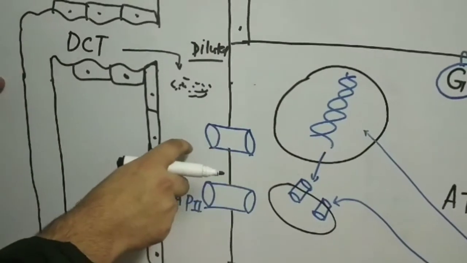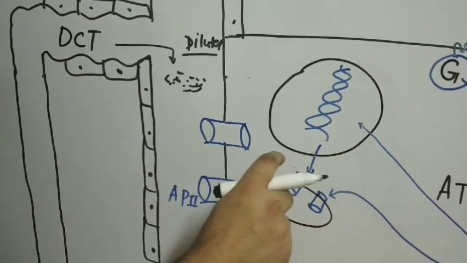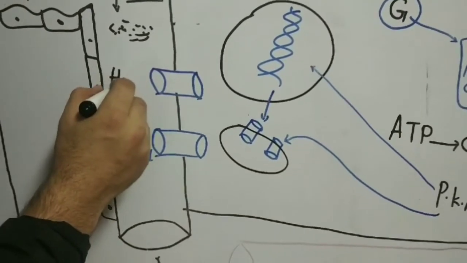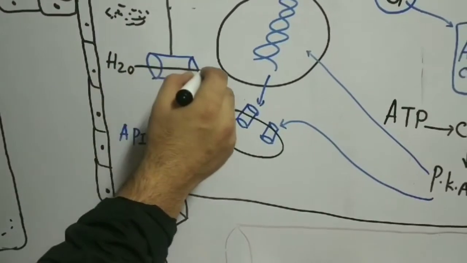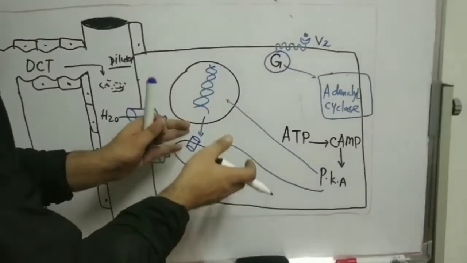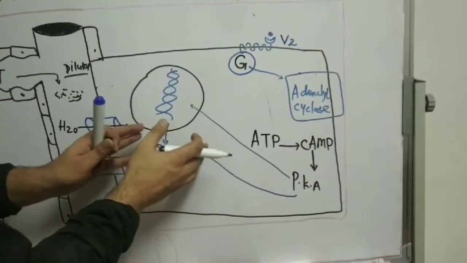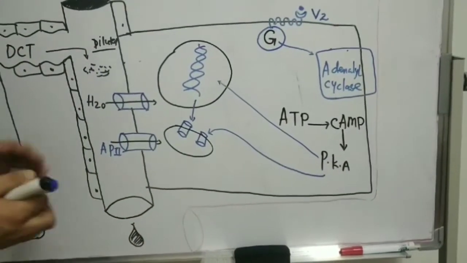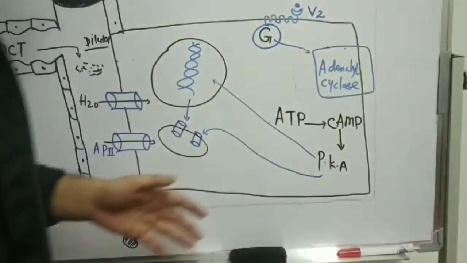Now these channels are responsible for reabsorbing this water back into the bloodstream. If the water reaches here, the water will be reabsorbed into the principal cells. From the principal cells, how will the water come into the bloodstream?